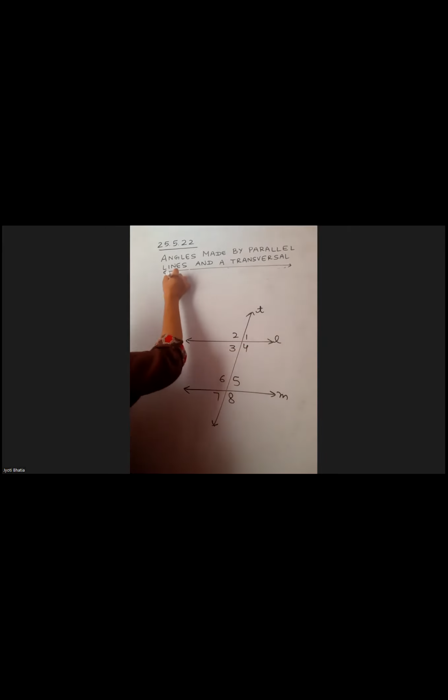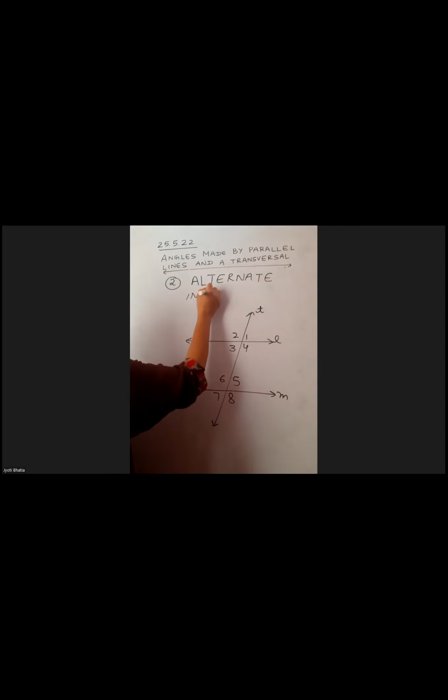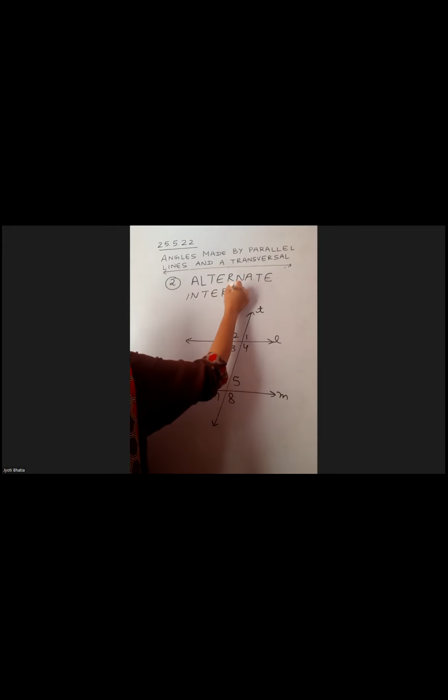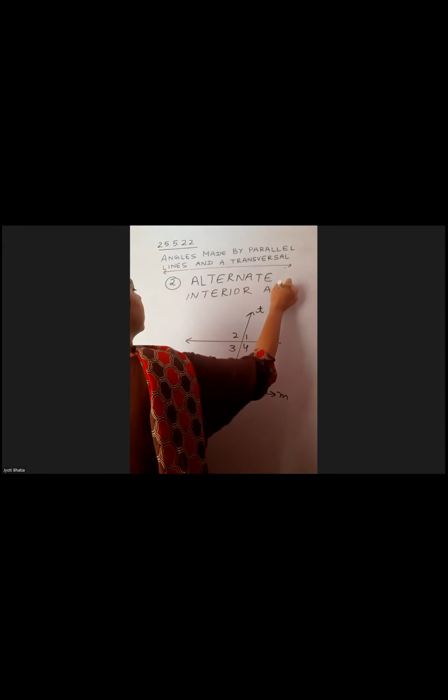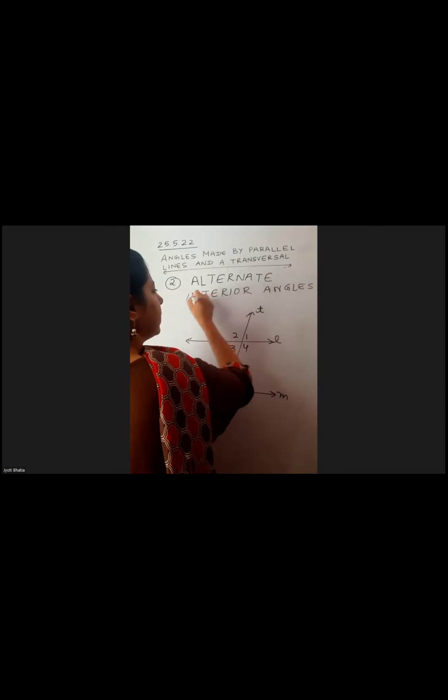Okay. Now coming on to the next category of angles formed, which is known as alternate interior angles. Now there are two terms, children. One is alternate, the other one is interior.